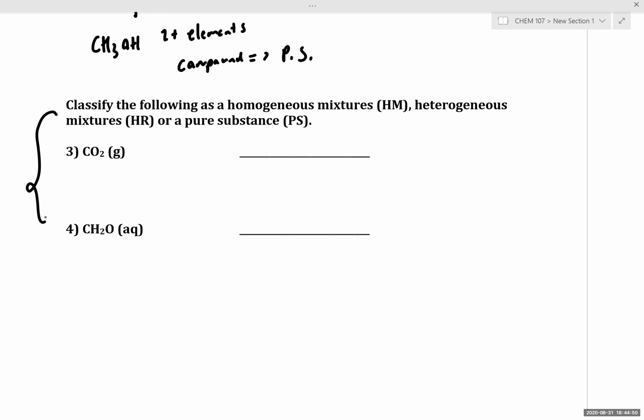Sure. We can show an example of a heterogeneous mixture once we finish this example, for sure. Let's give everyone about another minute to a minute and a half on this example, and then we'll discuss.